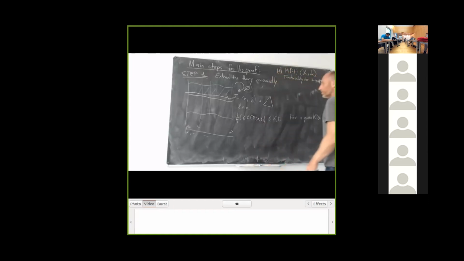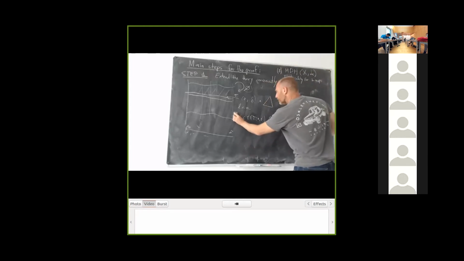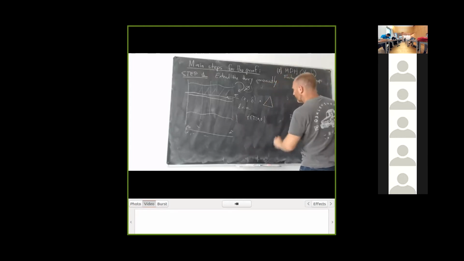And now version 2 is an innocent change. Version 2, you send the simplex, so you change this condition by an equality.